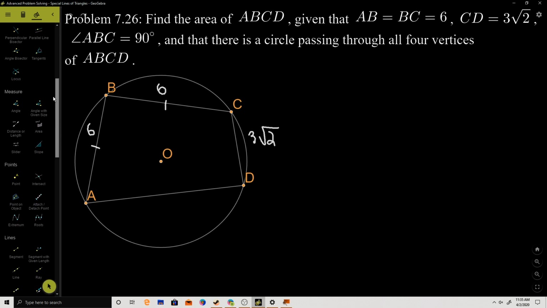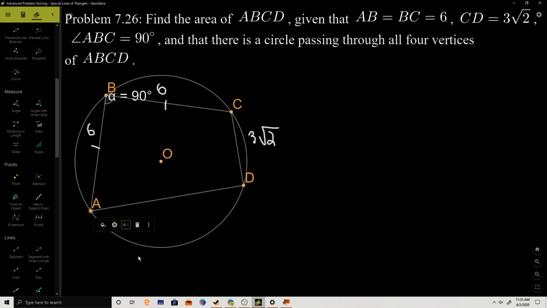So I'm going to actually label this angle here, and let's get it as close to 90 degrees as possible to make our diagram a little more accurate. And I don't need to actually see that it's 90 degrees. It's fine. We'll just know that that one's a 90-degree angle. And let's make some triangles.